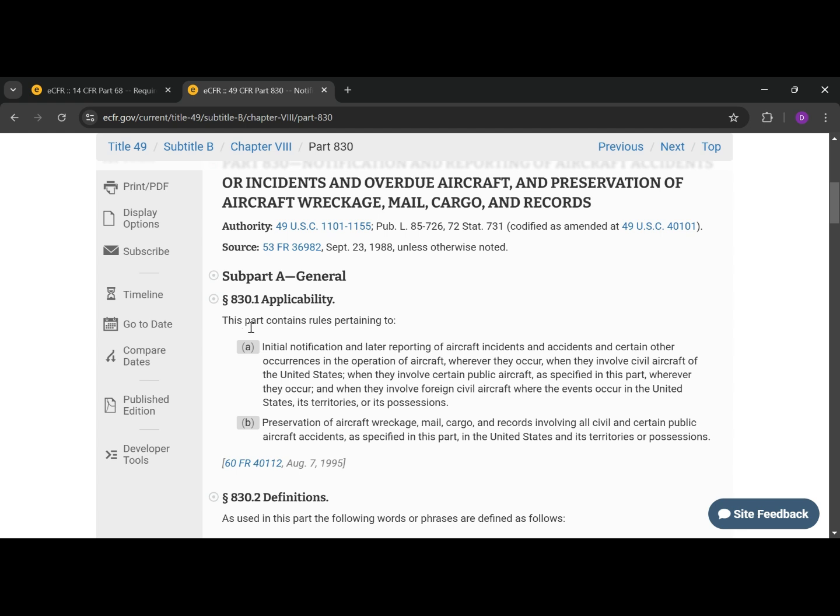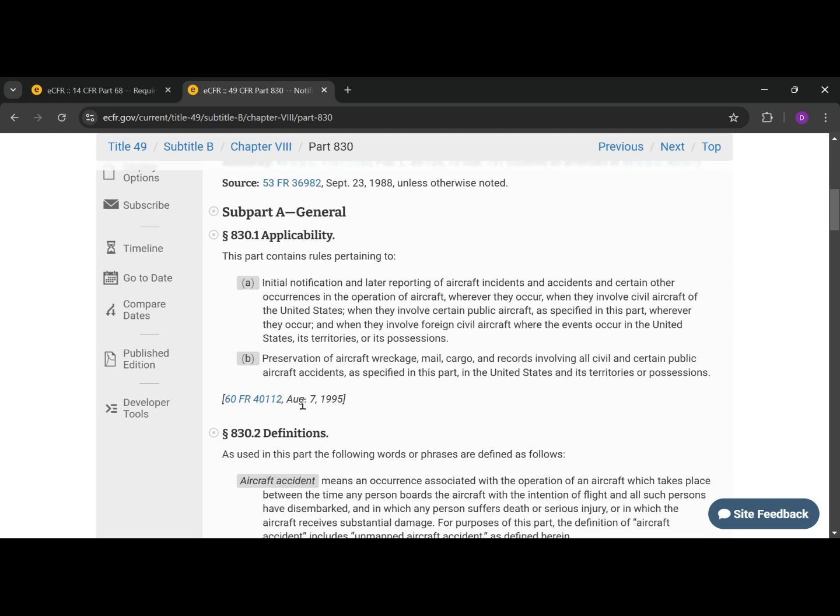831, applicability. This part contains rules pertaining to initial notification and later reporting of aircraft incidents and accidents and certain other occurrences in the operation of an aircraft wherever they occur when they involve civil aircraft of the United States, when they involve certain public aircraft as specified in this part, wherever they occur, and when they involve foreign civil aircraft where the events occur in the United States, its territories, or its possessions.